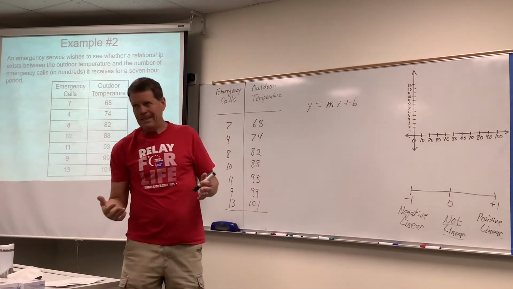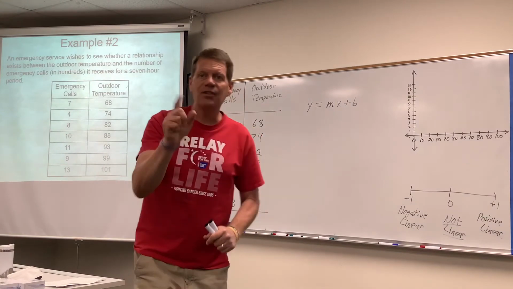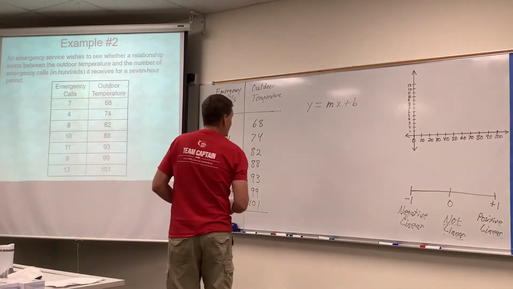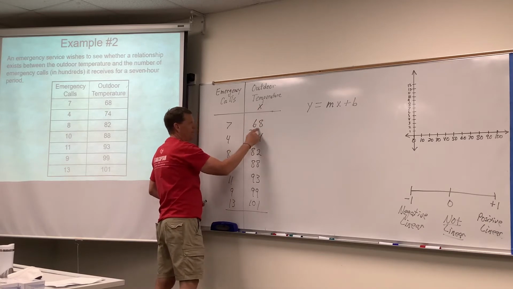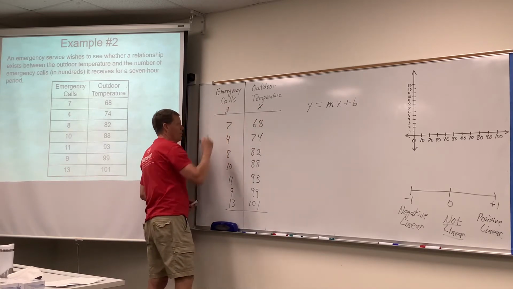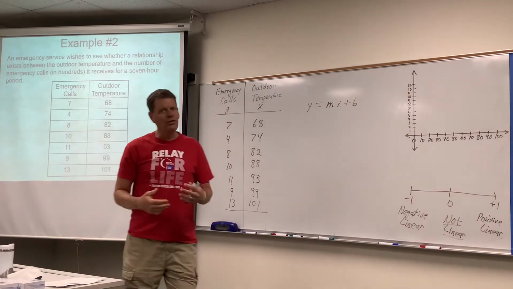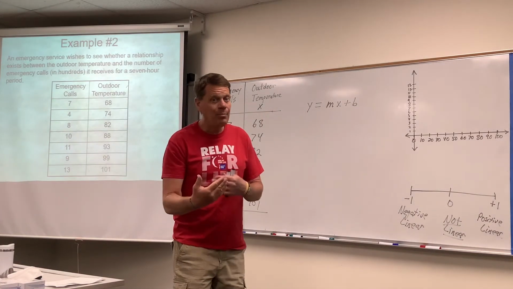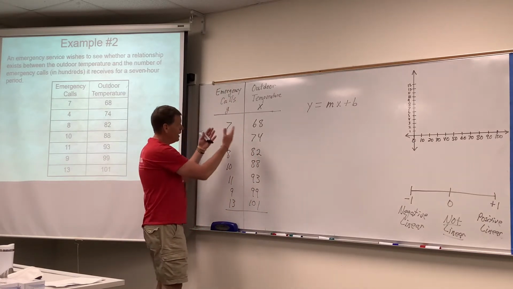Well, I can't ask you. What did you think? Yes, I agree with you. I think that you would put a number in for temperature and use it to predict how many emergency calls to expect. So you notice this time the columns are backwards from what we're used to. Y depends on X, we use X to predict Y, that kind of thing.